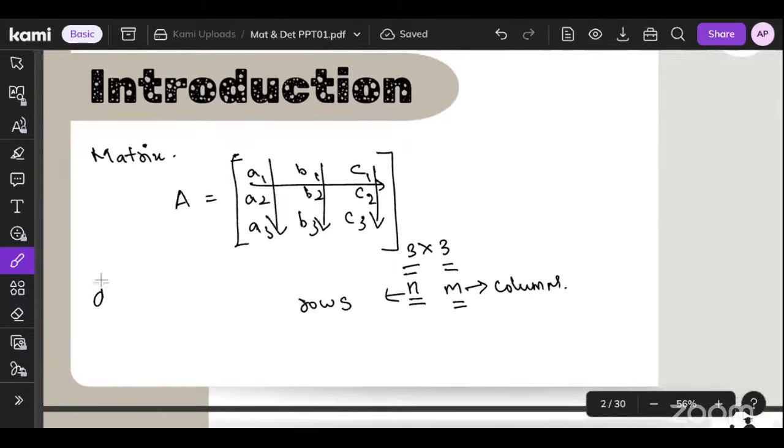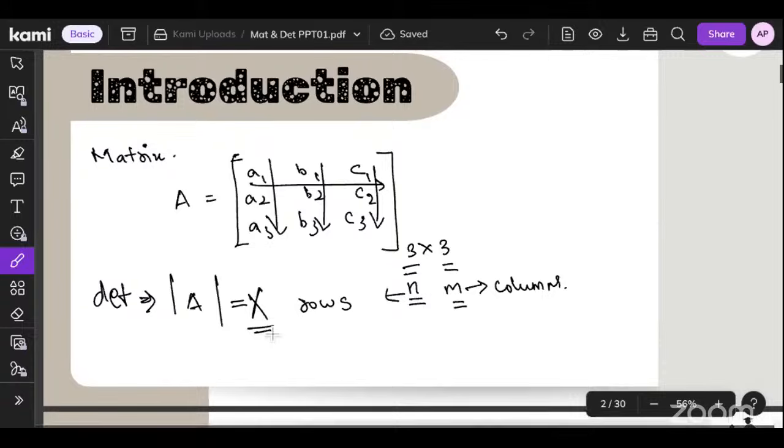Determinant. If you go to determinants, it is the value, the whole number value of a matrix. You will be having a definite value for the whole matrix by solving it.